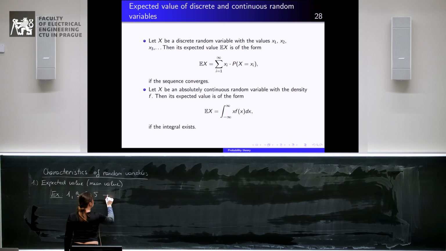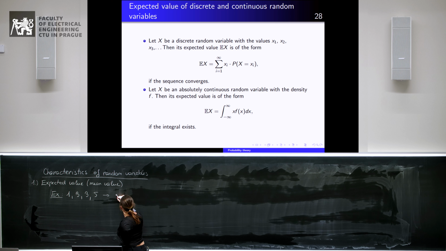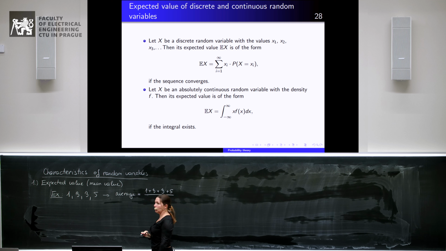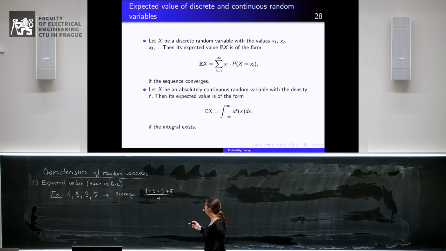When you calculate the mean value or the average value, then you take all these numbers and you divide by the number of these numbers. We have 4 numbers, so divided by 4. And we get the value 3.